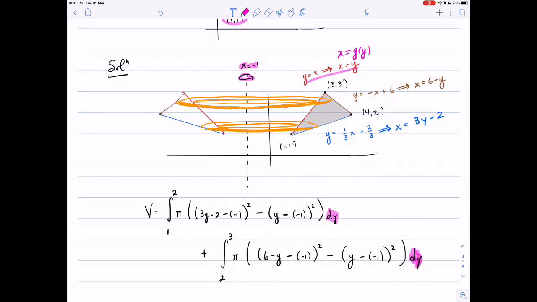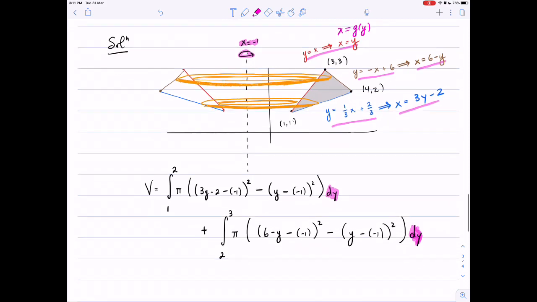So we've got the first one there that I've solved. If y is equal to x, well, x is equal to y. If y is minus x plus 6, then x is 6 minus y, and if y is 1/3 x plus 2/3, x is 3y minus 2.